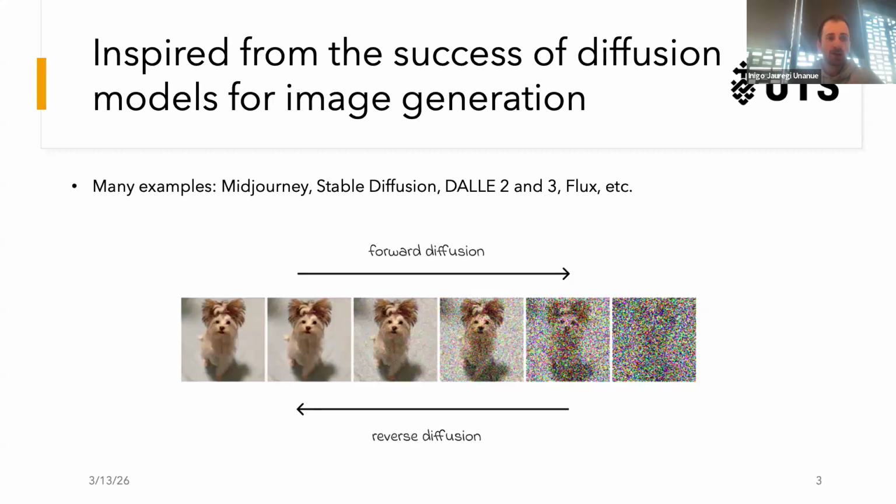So diffusion, initially, the first success of diffusion models that we had in recent years was with image generation. And so there are nowadays many image generation models like Midjourney, Stable Diffusion, DALL-E, all these ones, and some also of the video ones too. They use this kind of diffusion training, which basically is an approach that has two directions.